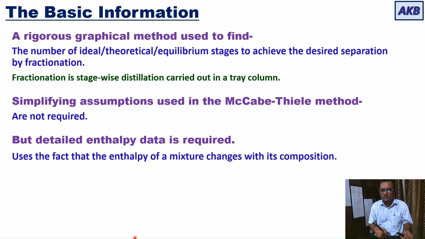Because composition changes, and the enthalpy of that mixture will change with its composition. So detailed enthalpy data is required for the use of the Ponchon-Savarit method. In this case, the change in enthalpy of a mixture with its composition is utilized in finding out the number of stages.